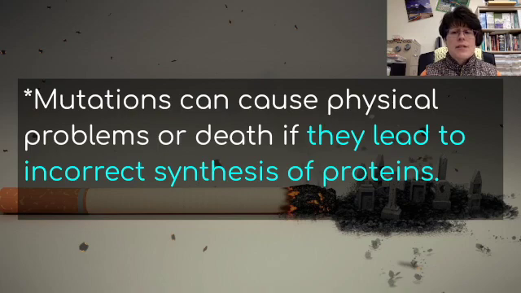Like I said, the cigarette smoke can lead to cancer. There are also other mutations we're going to talk about, things like hemophilia, where blood does not clot correctly, that's passed between generations. There's also cystic fibrosis, which affects the lungs.